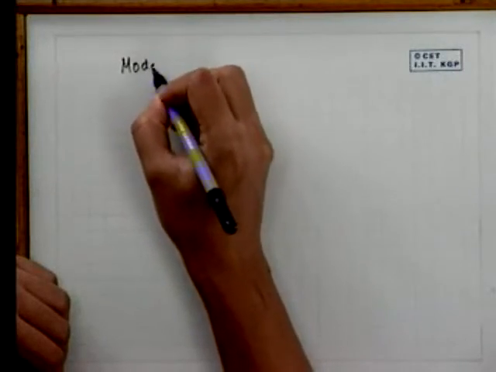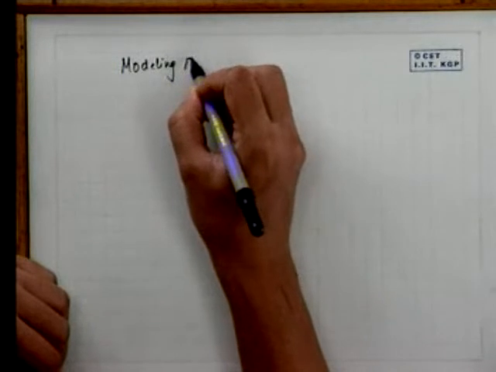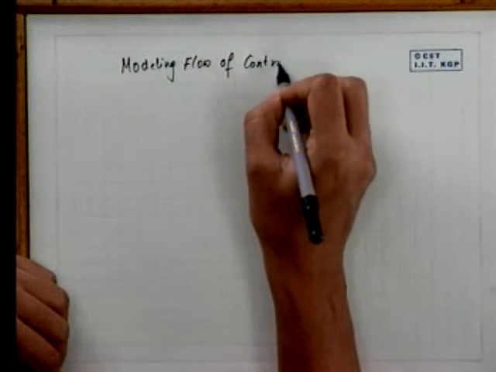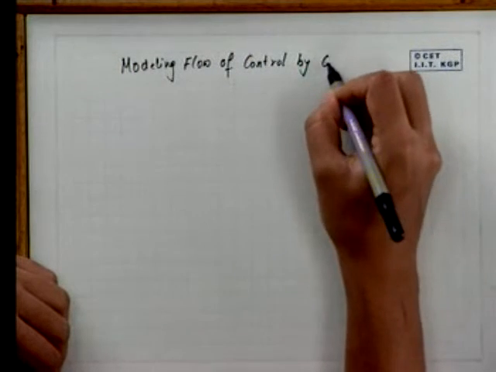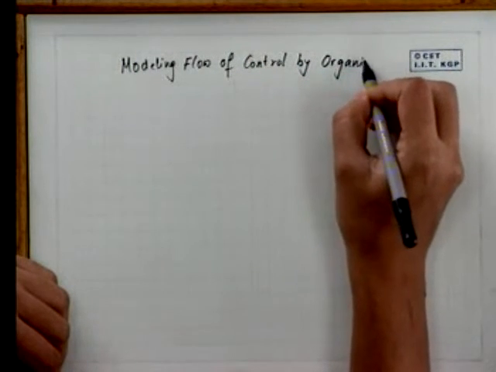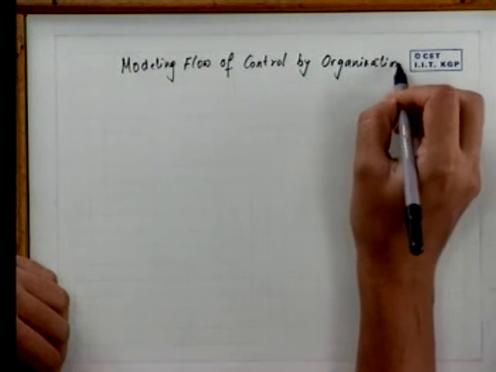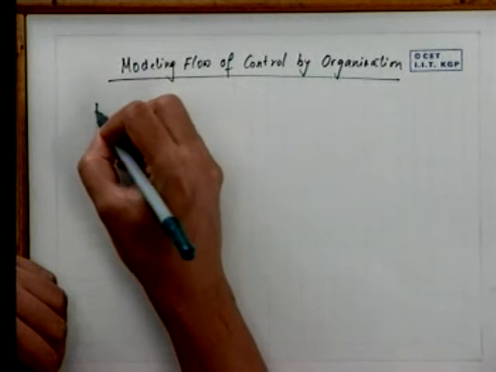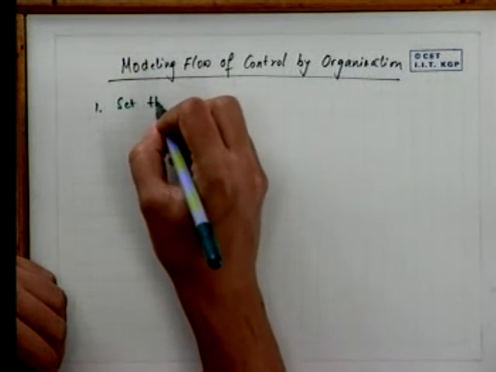Next, we look at how in collaboration diagrams we model flow of control. So first we set the context for the interaction.